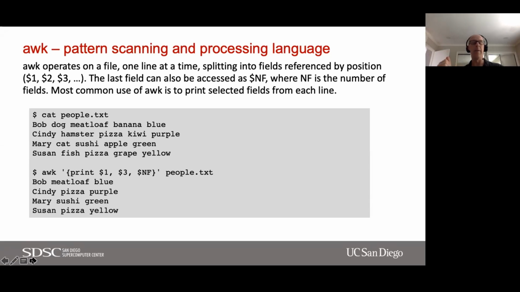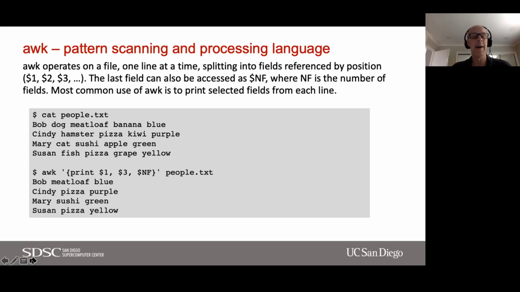I think $0 is, like in a lot of the other Linux utilities and C programs, reserved for the name of the program itself. If you want to access the last field, there's a special variable, NF, where NF is the number of fields. And the most common use of awk is to print selected fields from each line.